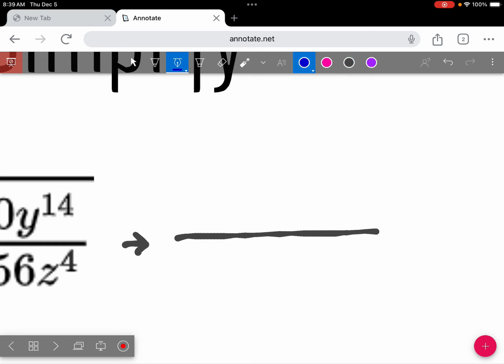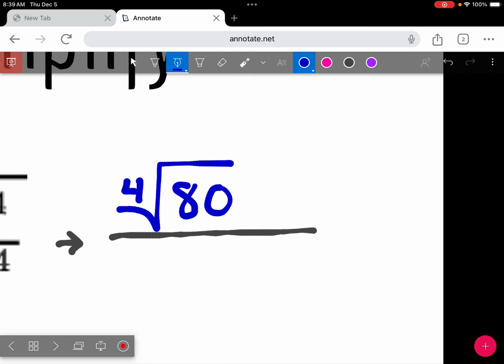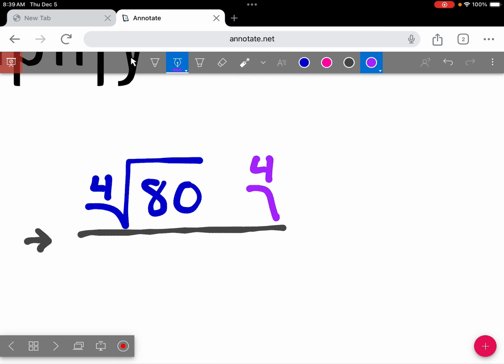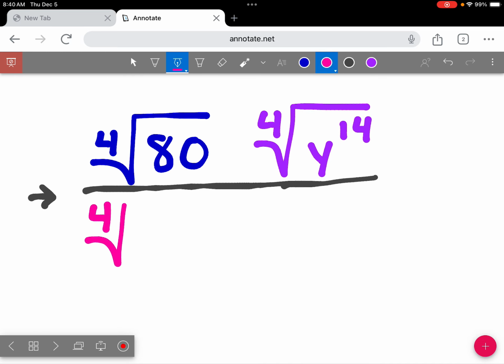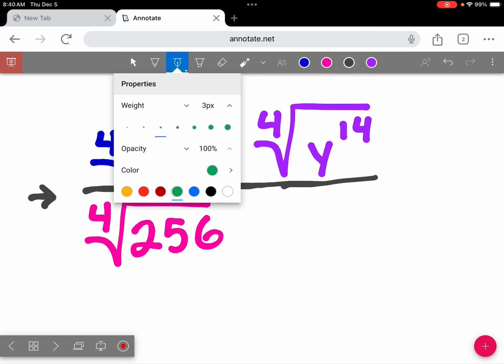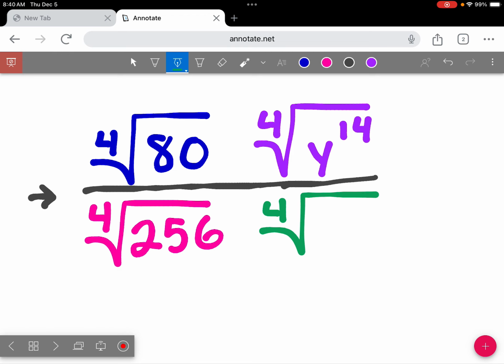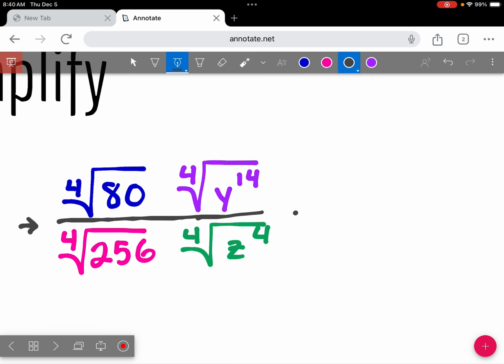So we can do our 4th root of 80 and our 4th root of y to the 14 and our 4th root of 256 and our 4th root of z to the 4th. So there's a lot of pieces here. We're just going to take them one at a time and simplify each one individually to put them back together.